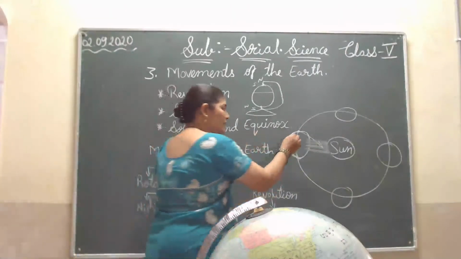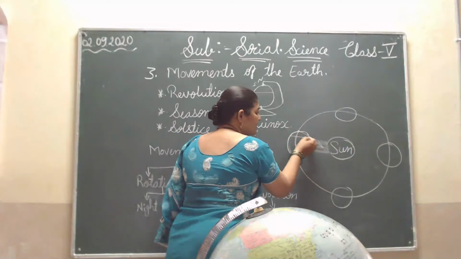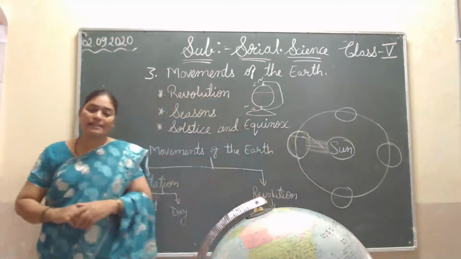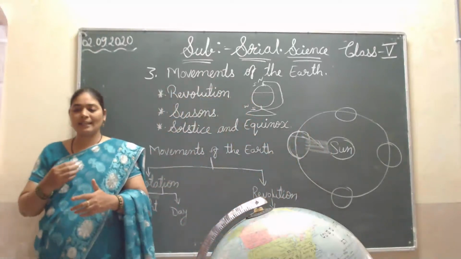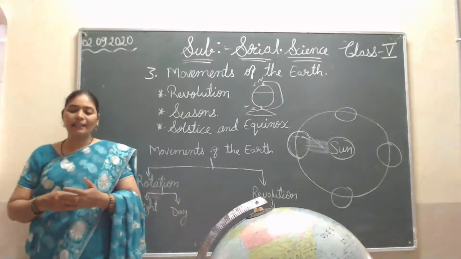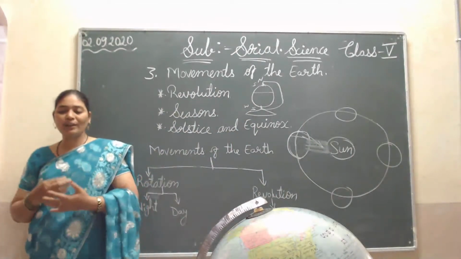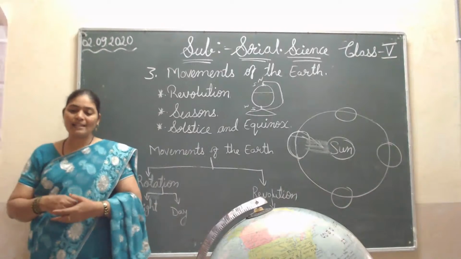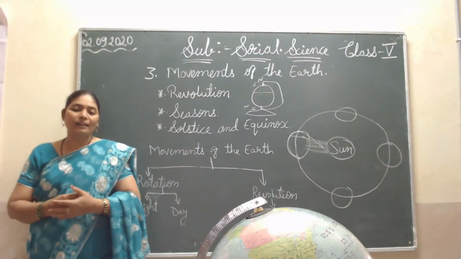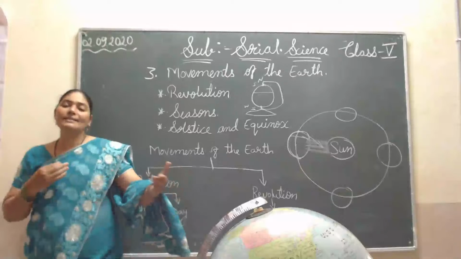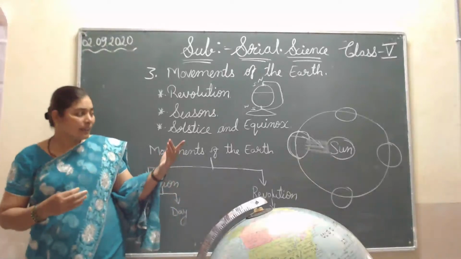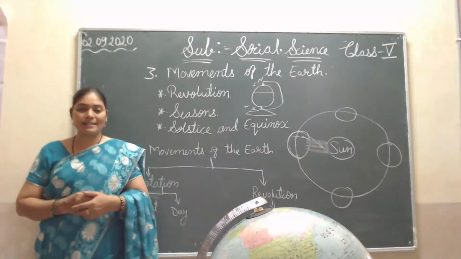So direct sun rays are coming here, and that part receives the summer season. The areas at that latitude receive more heat and experience the summer season. Means direct sun rays are coming, and that part experiences summer season.